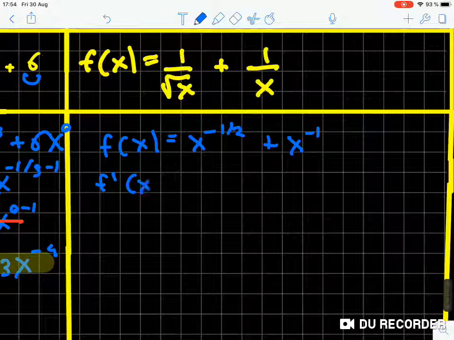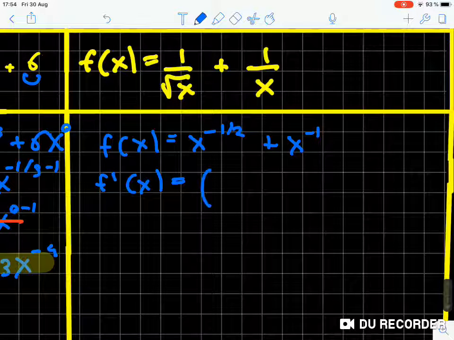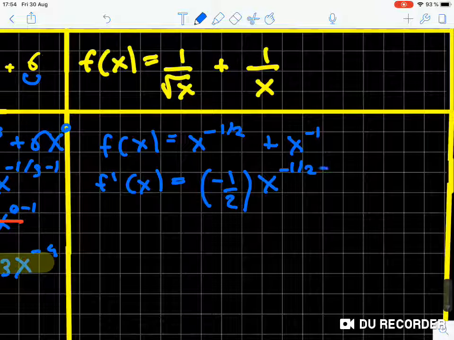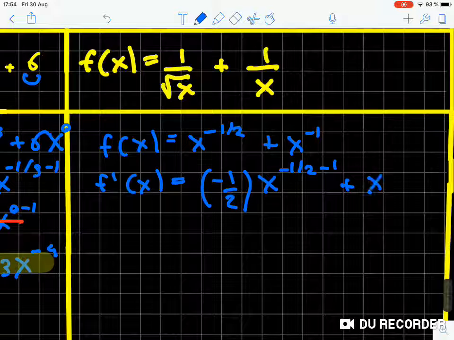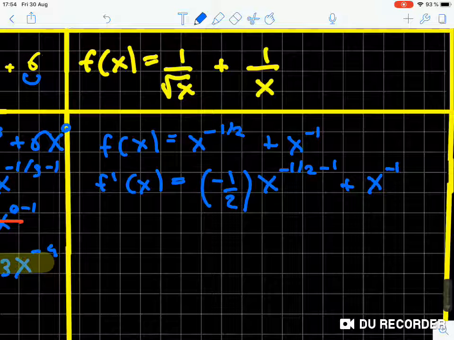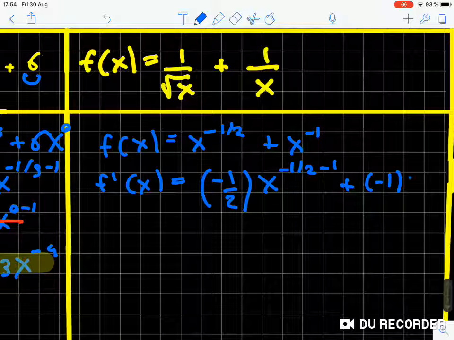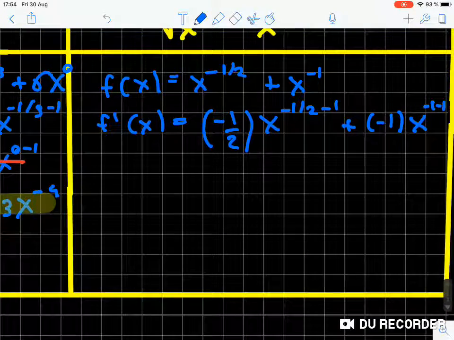So the derivative is going to be minus 1/2 of x to the minus 1/2 minus 1 plus x to the power of minus 1. Oh, I just made a mistake. It's actually really easy to make mistakes in differentiation because any single stupid mistake is just going to mess up the whole thing. So be careful, not like me.